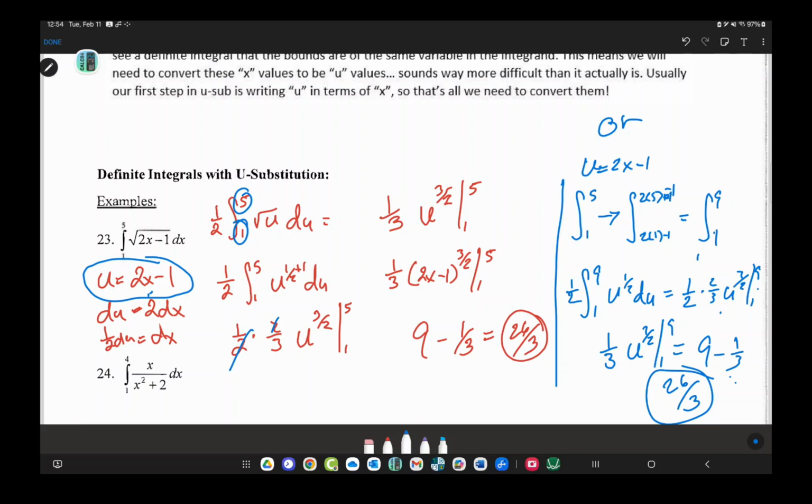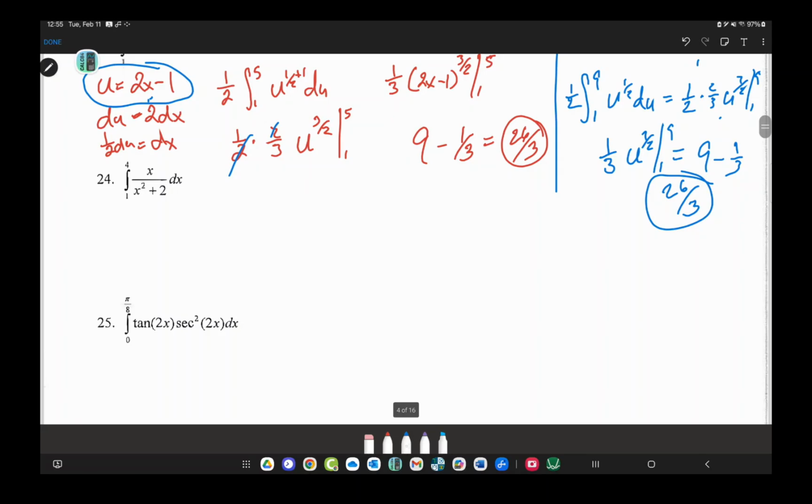You'll not see on a test, do it this way. So it just depends on how you feel. I kind of prefer to run the bounds through it, just because I don't have to plug the function back in since I'm already replacing the function with u. So that's probably what I'm going to do.